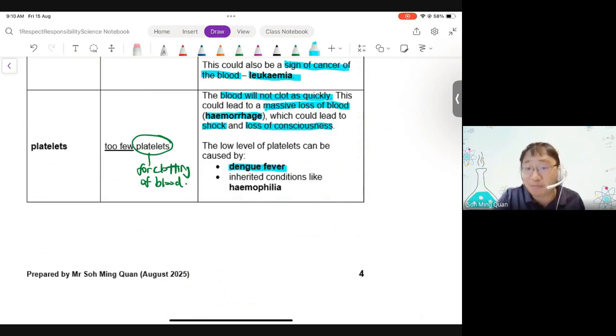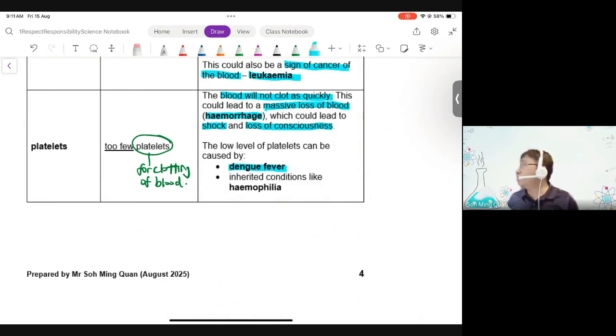And that's how the doctors can tell when you have dengue fever. They do a blood test. When they do a blood test for you and the platelet count is very low, that tells the doctor, oh, this person has dengue fever. Dengue fever is very dangerous, not because of the fever, you know. Dengue fever is dangerous because the blood cannot clot as quickly. So the patient with dengue fever could suffer hemorrhage, and that is particularly dangerous.